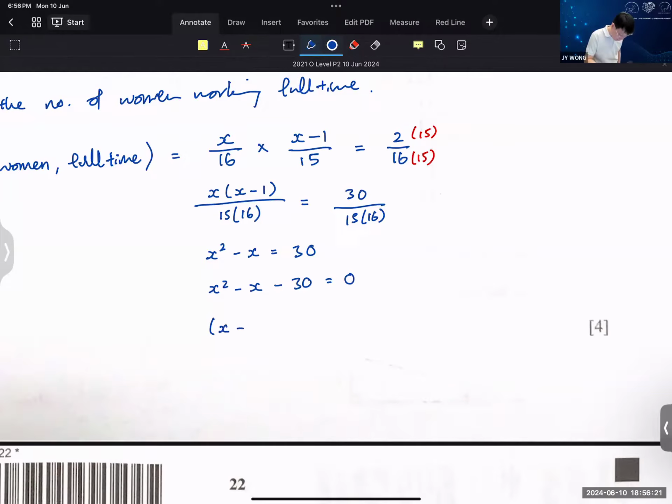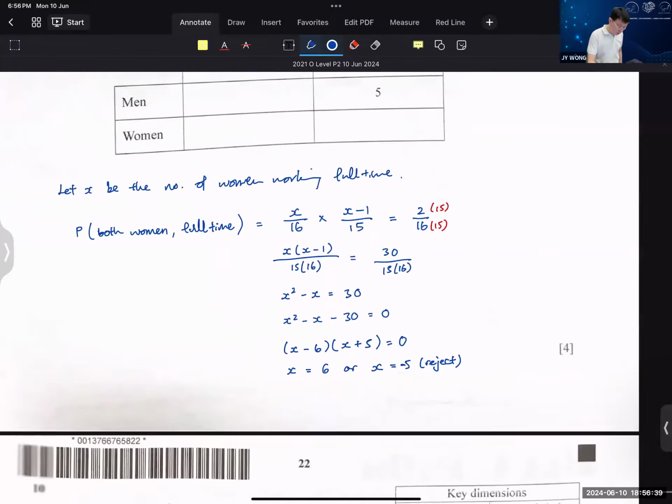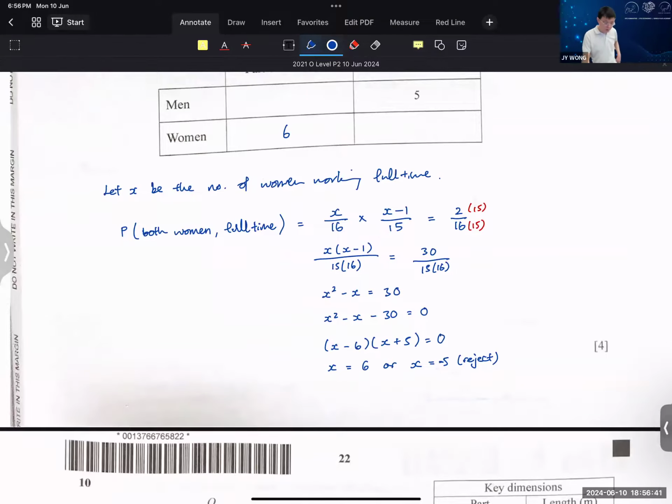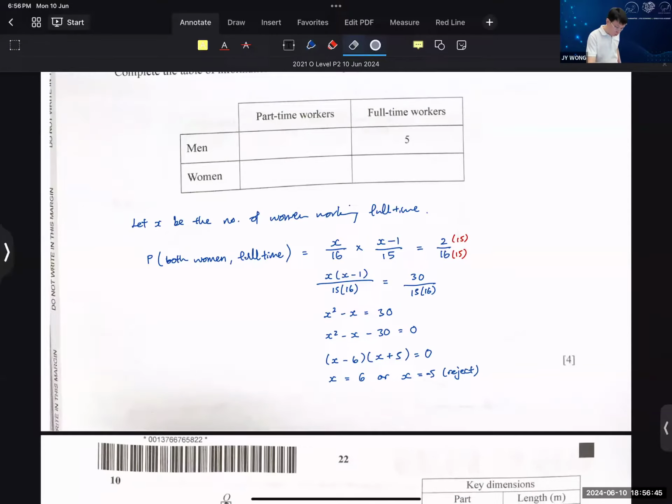So x minus 6, x plus 5 equals to 0, x equals to 6, or x equals to -5, but you need to reject this value of -5 because obviously the number of women cannot be negative. Okay, once you get x equals to 6, women working full-time is 6.